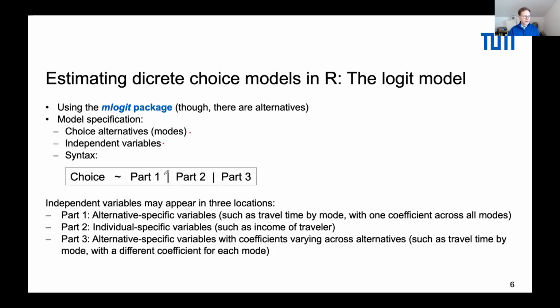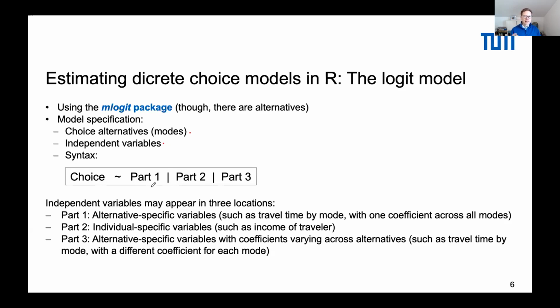Then the way you write this in R is you tell R what is the dependent variable, what is the choice. In this case, this would be mode. And then, just as we had in regression analysis, we use this tilde to list all the independent variables that you want to consider for mode choice.